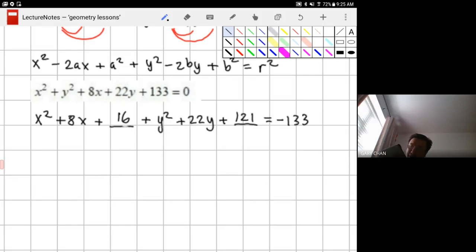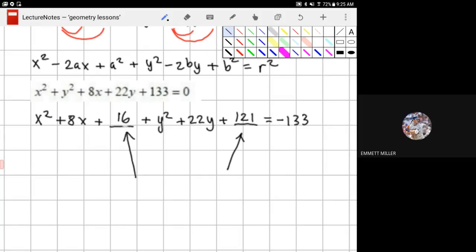Now there's something to be said about this. We actually violated the cardinal rule of algebra. What rule did we violate? We added a number here on the left, and not just one number, we added two numbers. What's wrong with that? You've got to add them back on the other side.